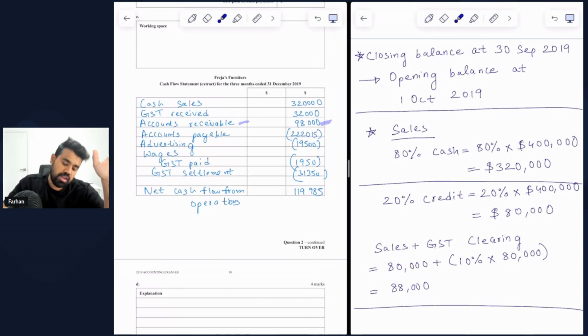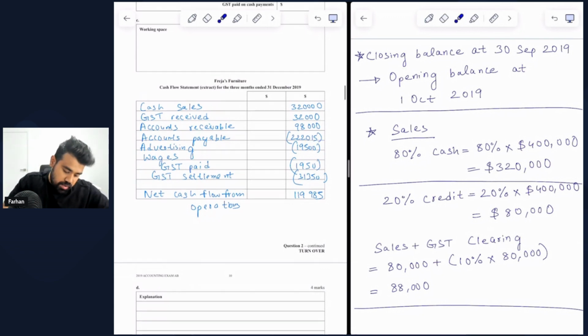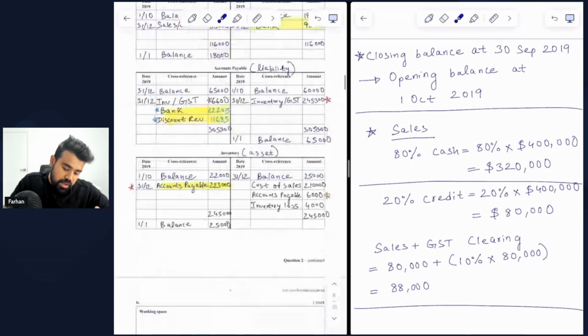So what we have done here is the first three lines refer to all the cash inflows, all the cash coming into the business. Then we have shown all the cash outflows, starting with how much we have paid our accounts payable. We have paid our accounts payable 222,015. So let me scroll back up to show you where we got that number from.